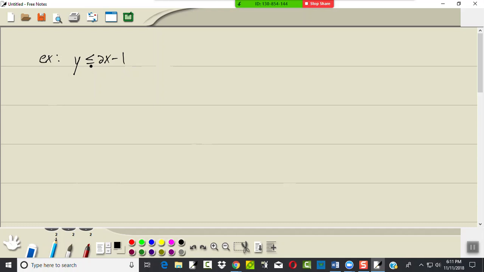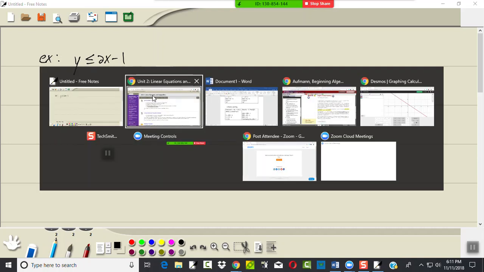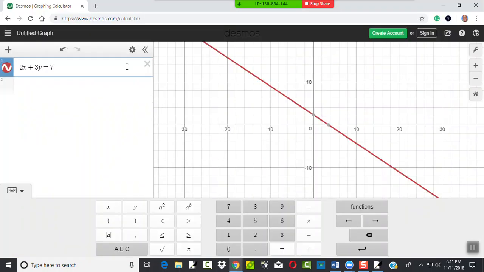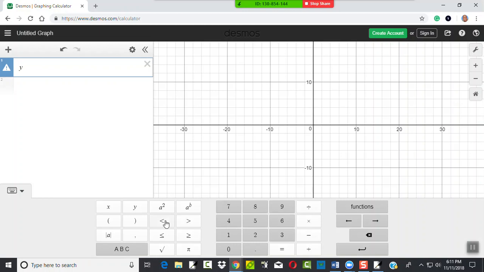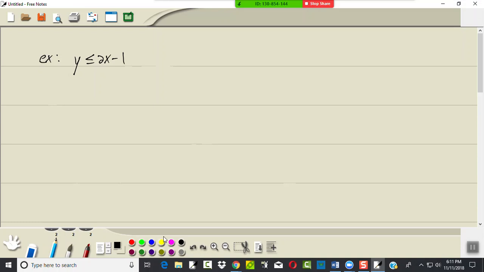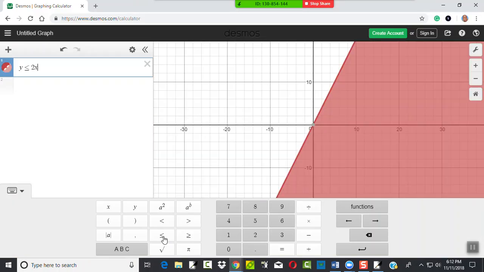It could be a less than, less than or equal to, greater than, or greater than or equal to. First off, let me show it in Desmos. If I come over here, I type y. I need a less than or equal to. You'll see down here you got your symbols. I choose less than or equal to and 2x minus 1.